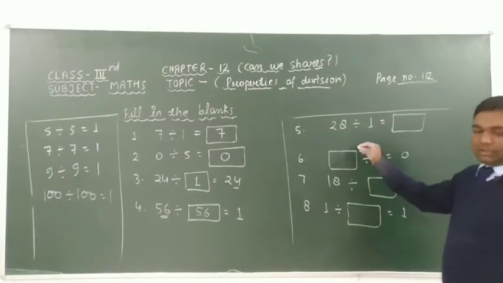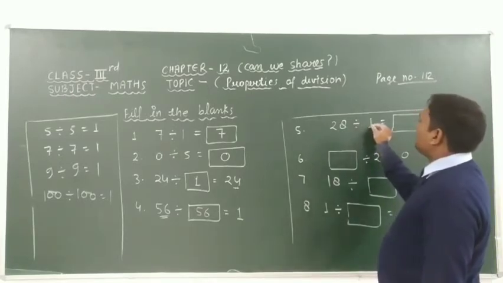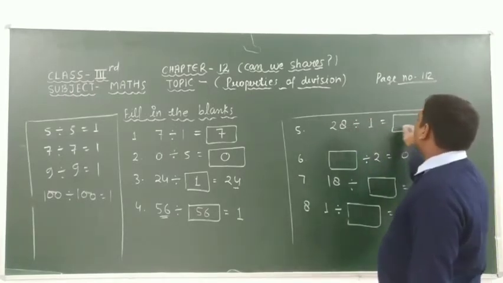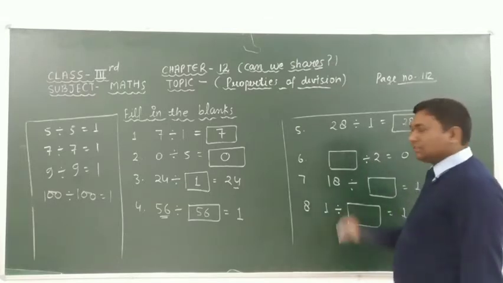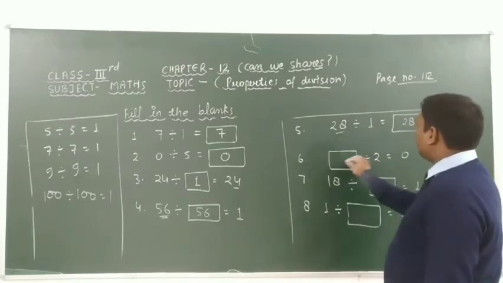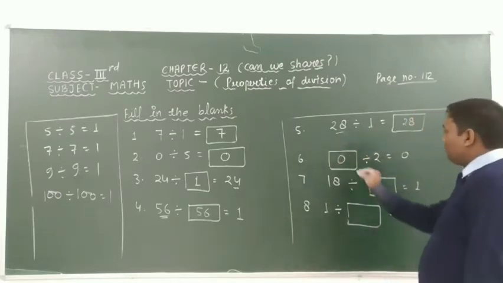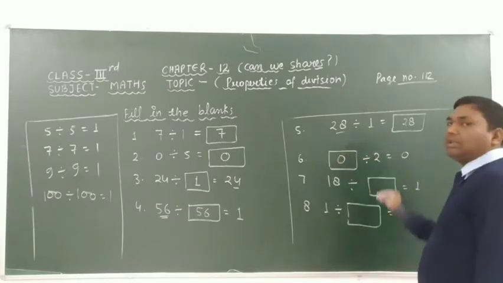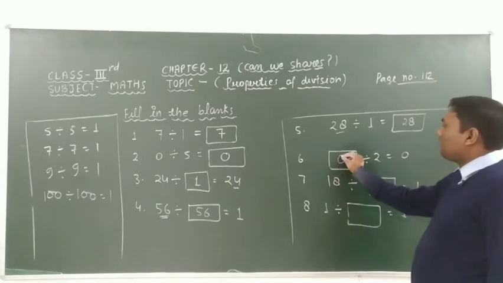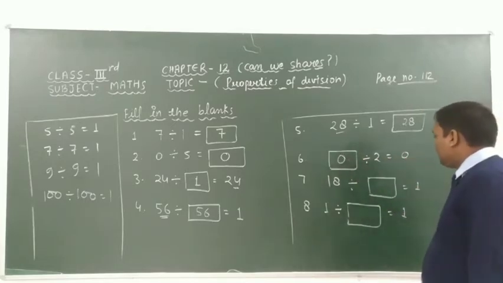In this question, here given that 28 divided by 1, it means that if we have to take the division of 28 by 1, then we get here 28 as same. Okay, here we can take 0, because if we take the division of 0 by any other number, it means that the division of 0 by 2, then we get 0.